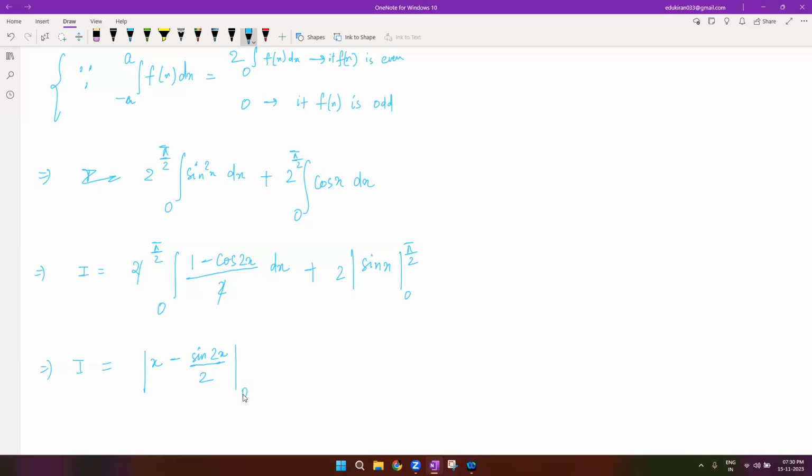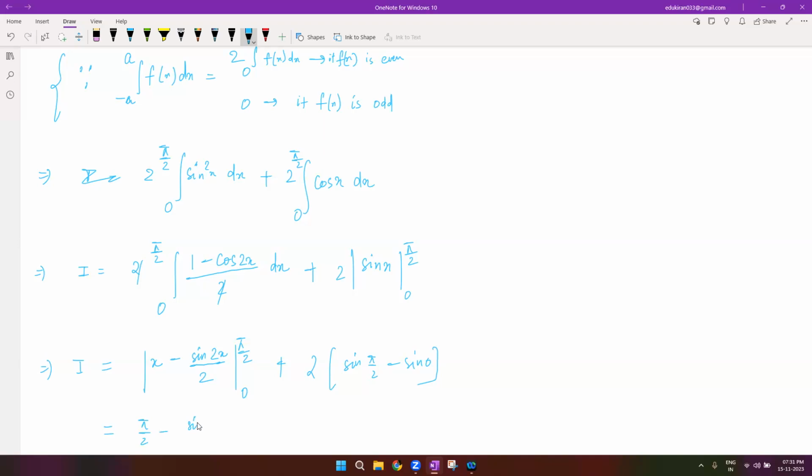So 2 will be with cos 2x only. And the other part can be written as sine of pi by 2 minus sine of 0. Sine pi by 2 is 1, sine 0 is 0. So the whole equation becomes 1, right? So this is pi by 2. I'm also putting the limits here.